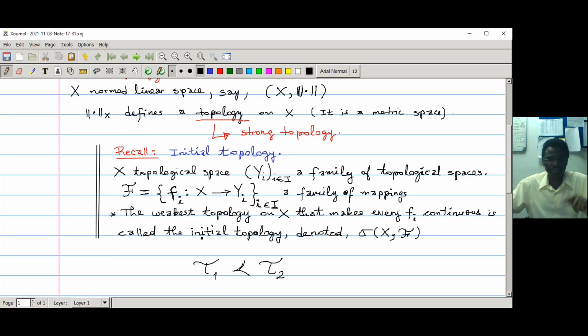The number of open sets is smaller compared to the other one.